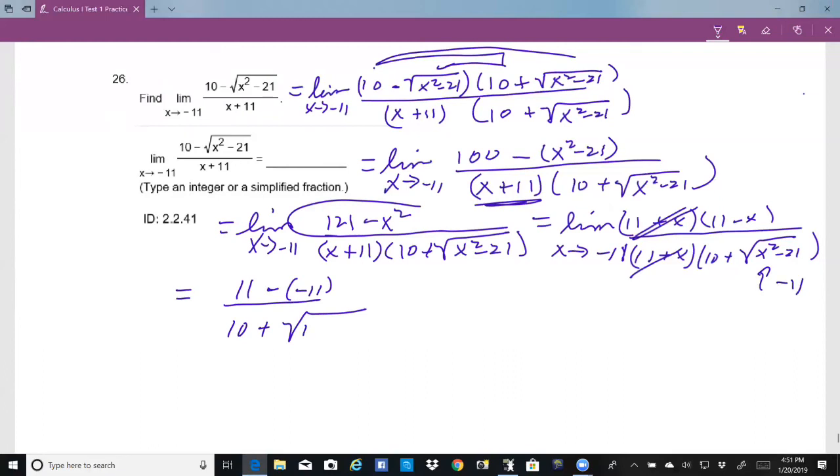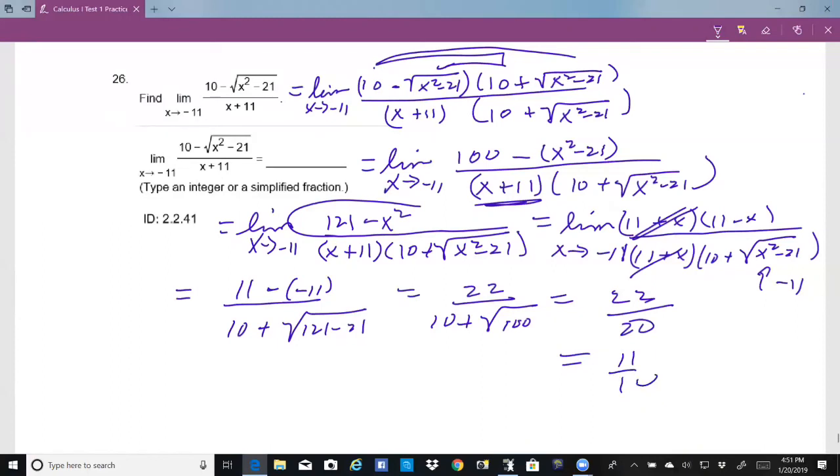We get 121 minus 21. Simplifying, we get 22 over 10 plus the square root of 100, which is 22 over 20 equal 11 tenths. So the answer is 11 tenths.